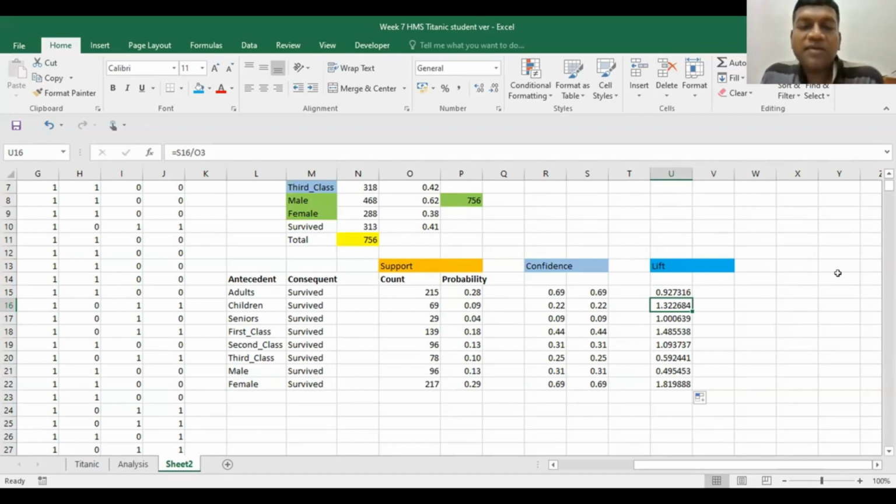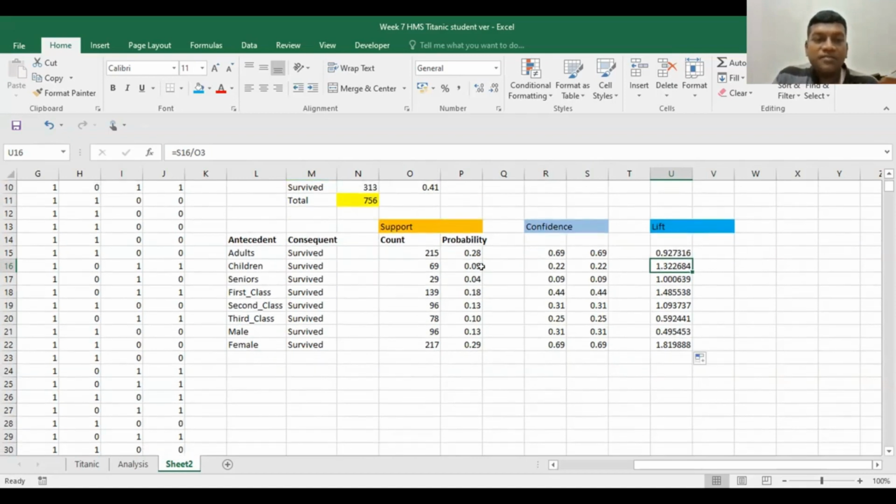Typically we could eliminate groups which have, let's say, less than 10% probability of happening. If you look at our data, adolescents survived with a high probability, 0.28. Children, however, is less than 10. Seniors is also less than 10. And all the other categories, first class, second class, third class, male, female, cross a support threshold of 10%.